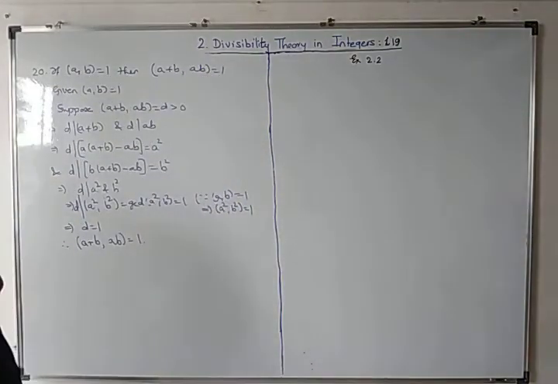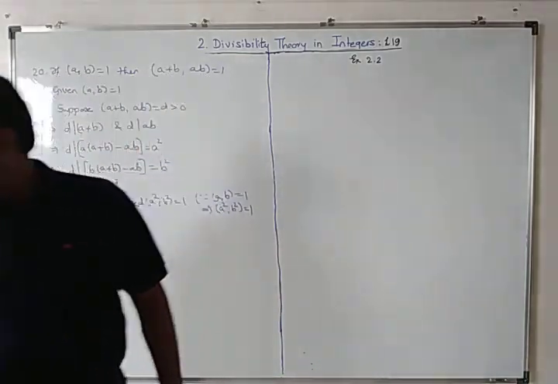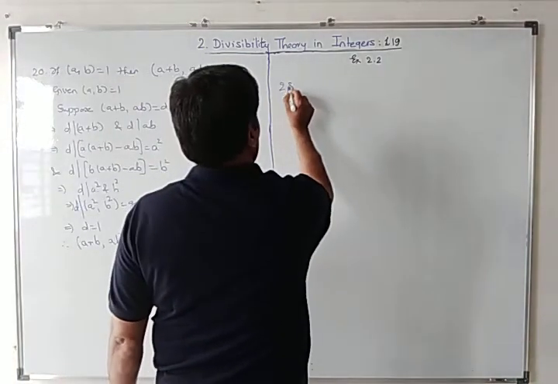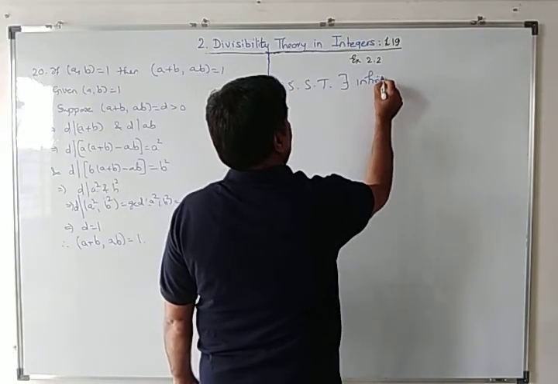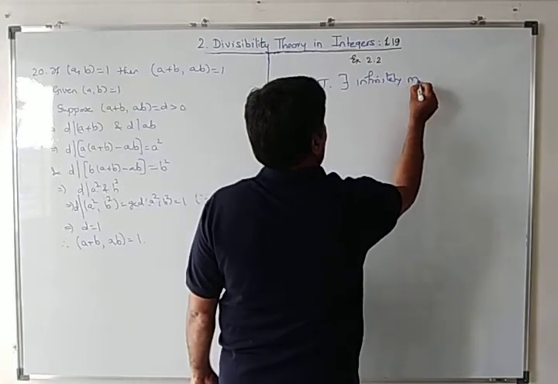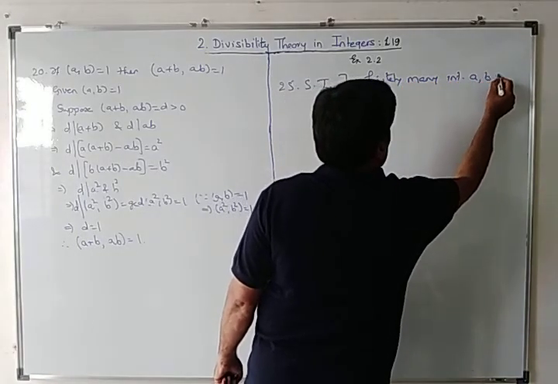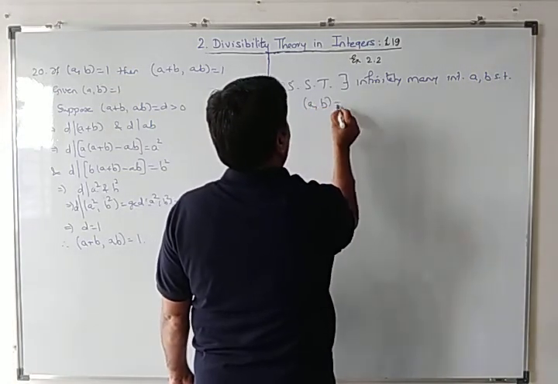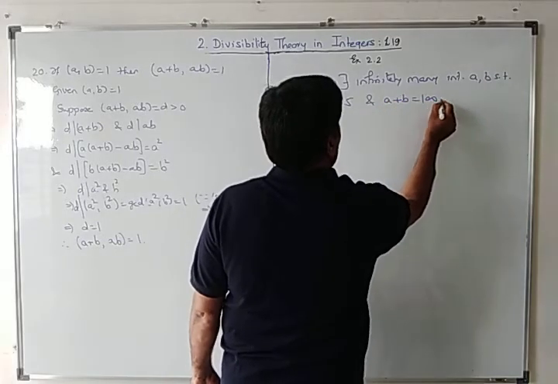Next example, I think it is example number 25. There exist infinitely many integers a, b such that GCD of a, b is equal to 5 and a plus b is equal to 100.